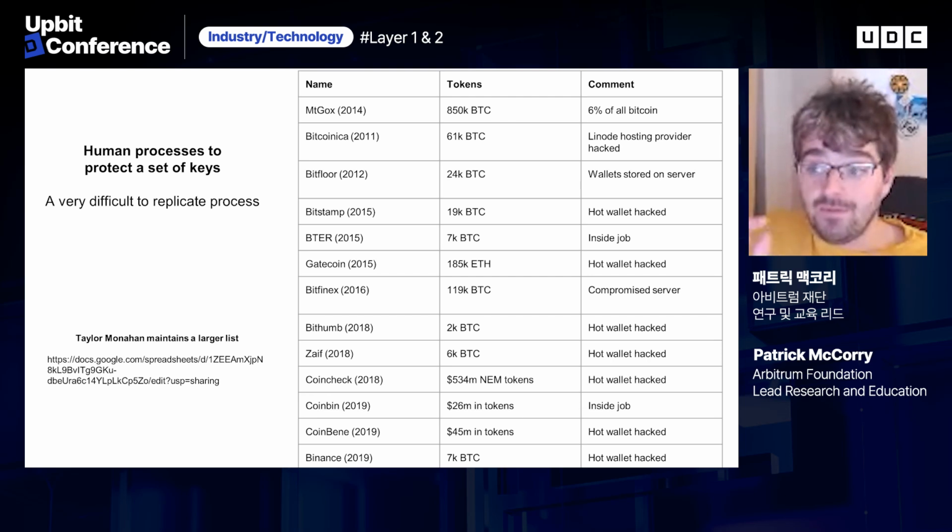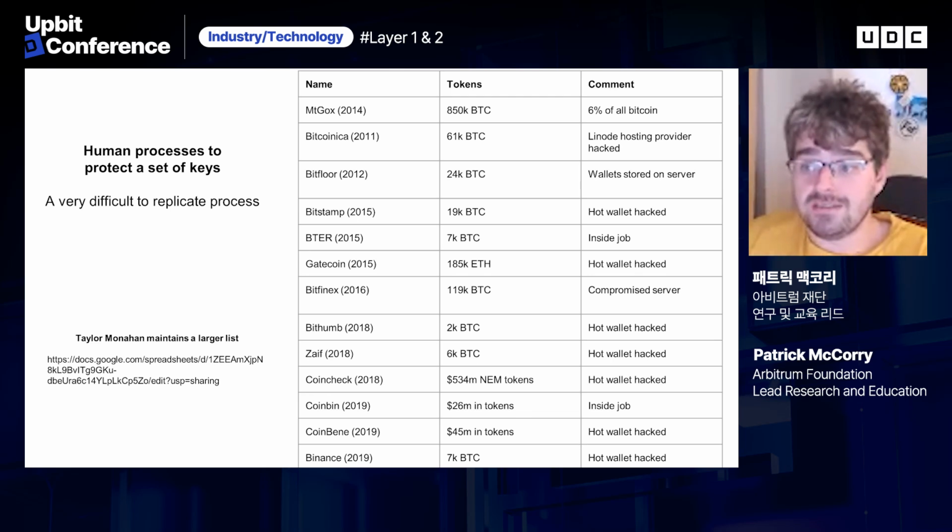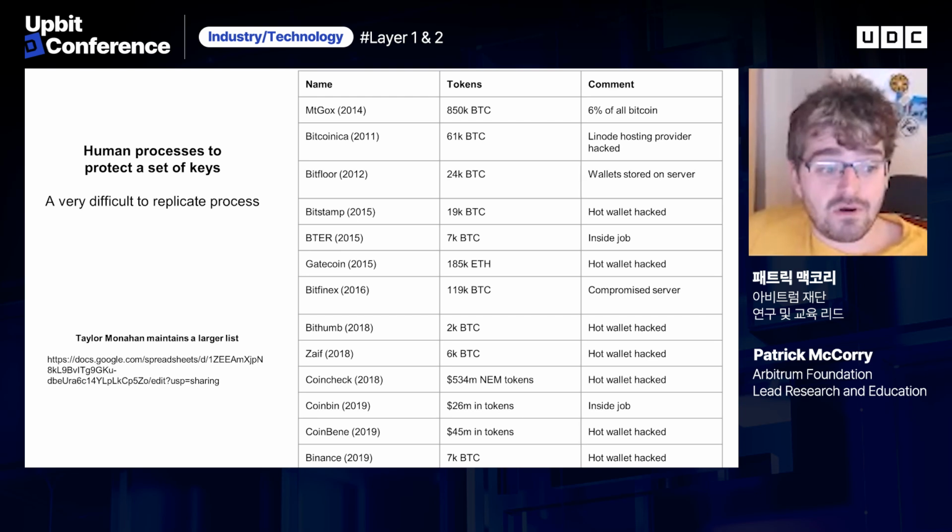And if one company can get that right, that's good. But then every single company that comes along, every single system with a database that touches crypto assets, they need to re-implement these human processes to protect the funds. And humans aren't good at following rules. These human processes just don't work at scale, and that's why these companies keep getting hacked. And it just sucks for everyone, including honest parties.